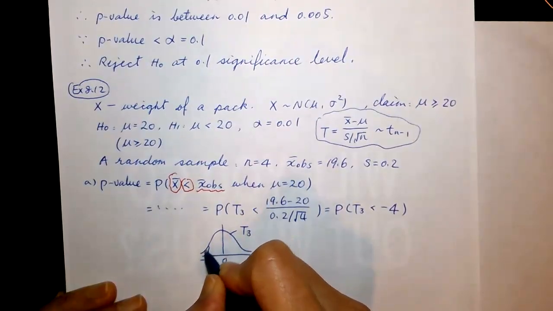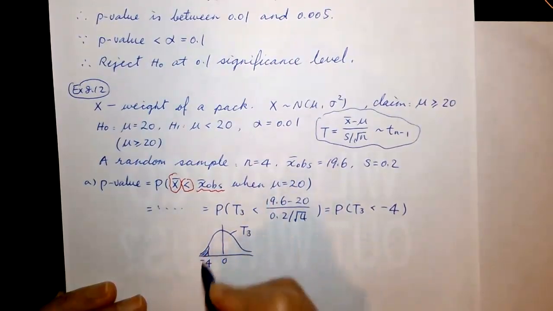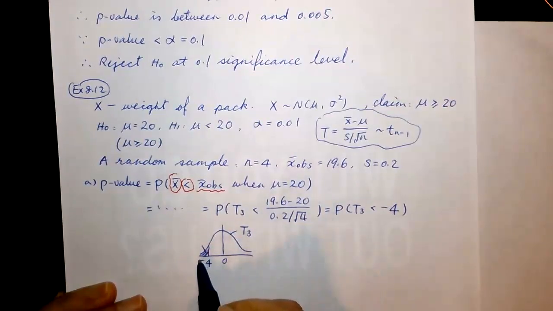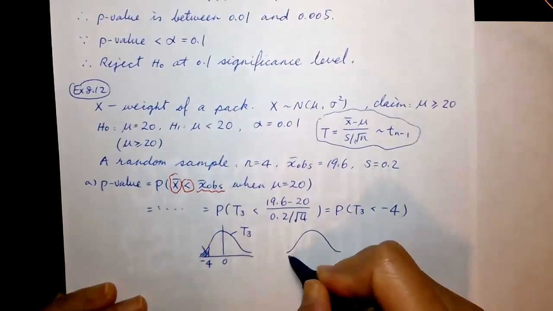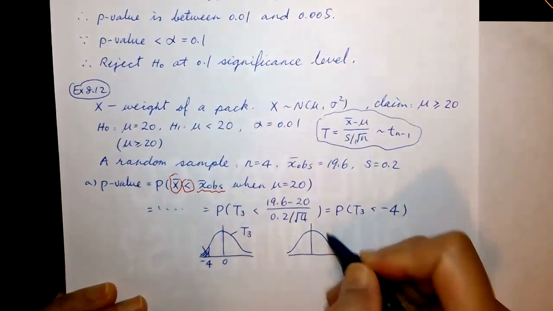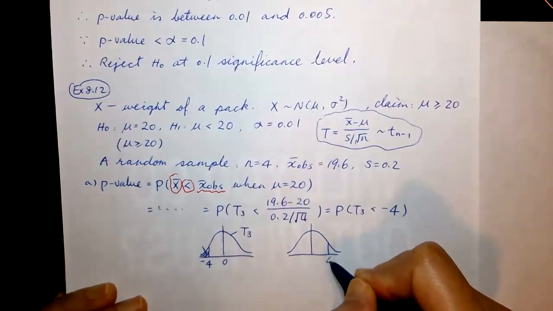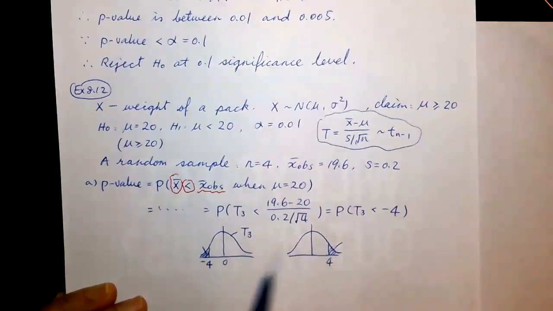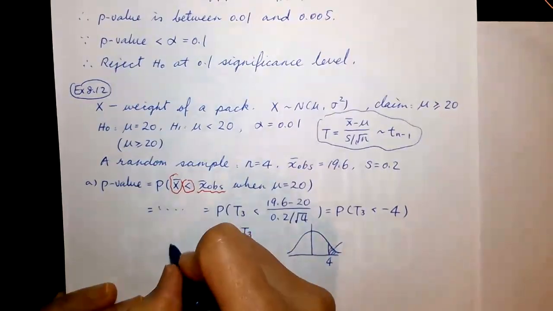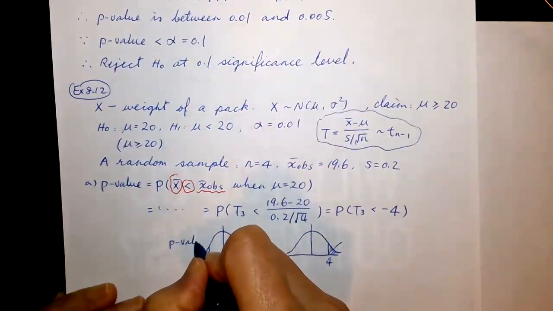T less than -4. -4 is here, less is to the left of it. So this is our p-value. Due to symmetry, if we flip to the positive side, the two tails would be identical.